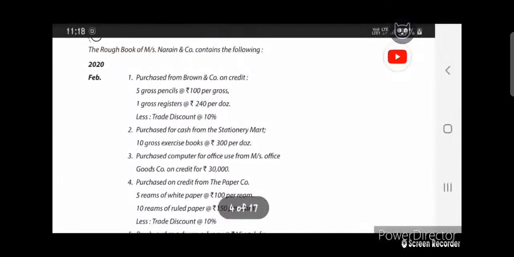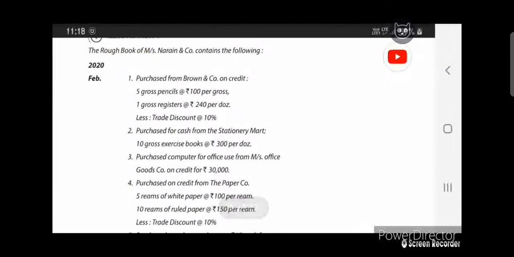Next, illustration one: the rough books of Mr. Narain and Corporation. They have purchased some goods and have given us the information. In the month of February of the year 2020, they did this.